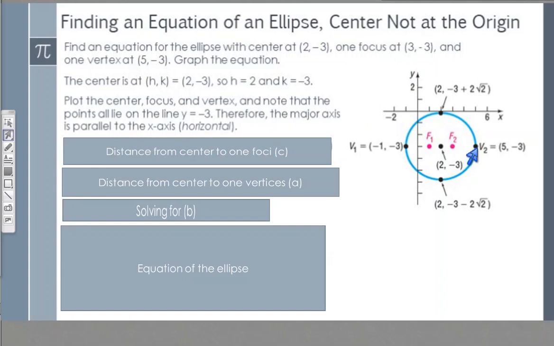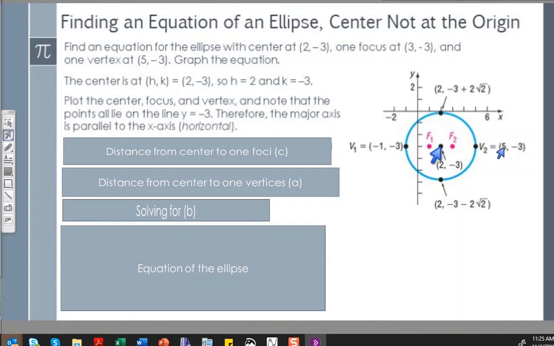And remember, when you're going to graph, you're going to do the exact opposite. Okay? So you're going from your center, which is 2, to your x value, which is 5, and that's going to give you 3 units.